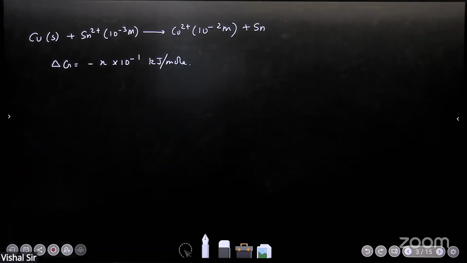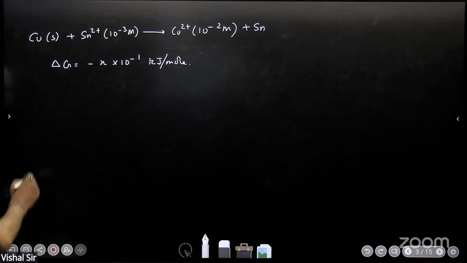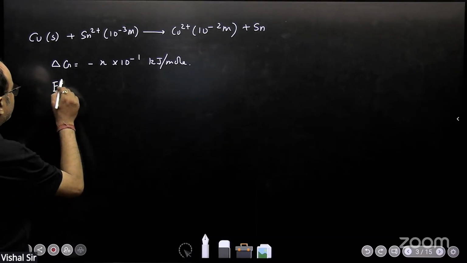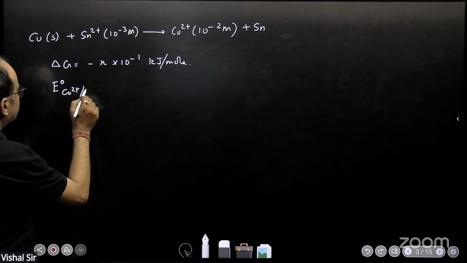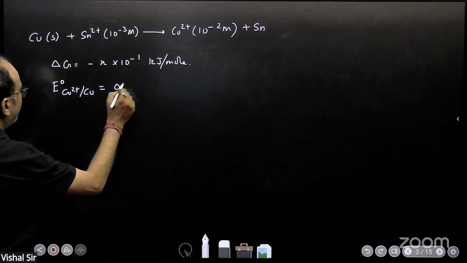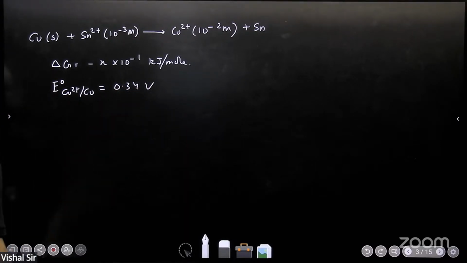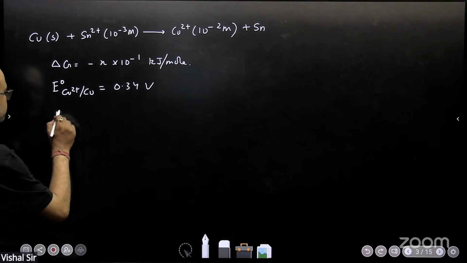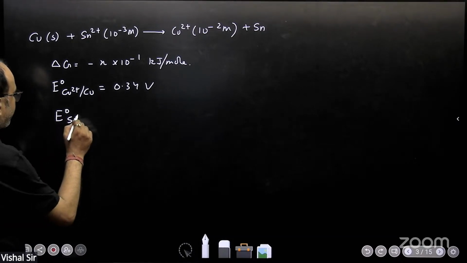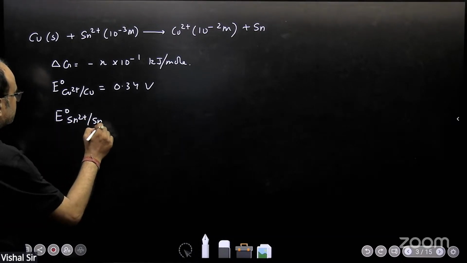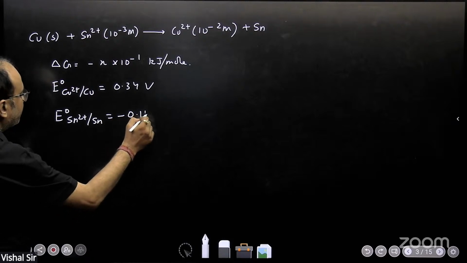We have to find the value of X. And E naught values are given to us. E naught of Cu2 plus/Cu is 0.34 volt and E naught of Sn2 plus/Sn is minus 0.14 volt.